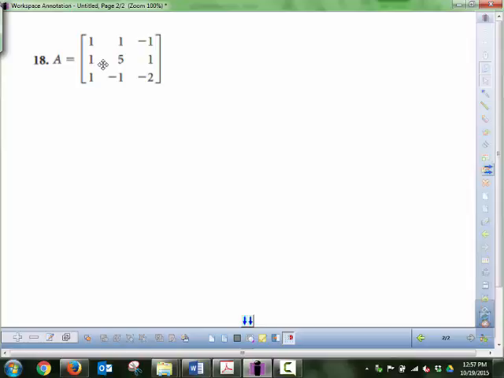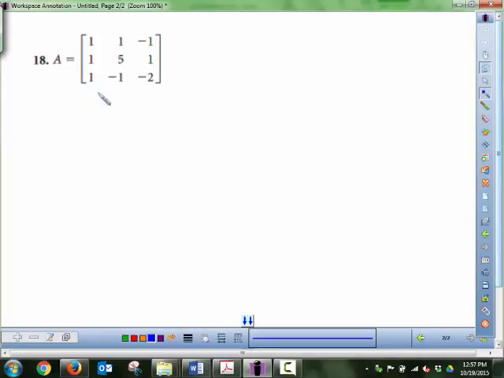So really the first step is to reduce as much as you can, and then it's a matter of analyzing the situation. And since this is a 3 by 3, it's also important to know the dimensions so that we can anticipate things.